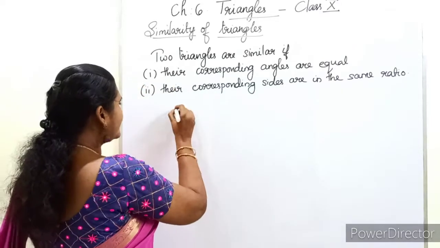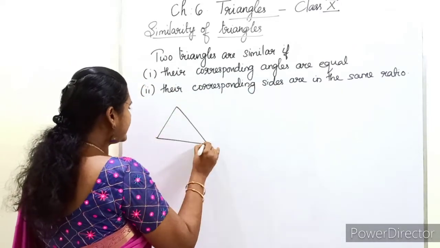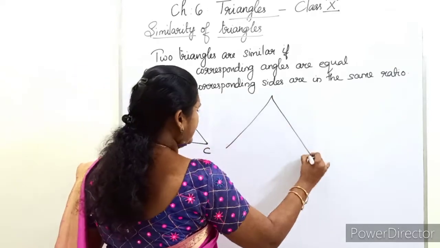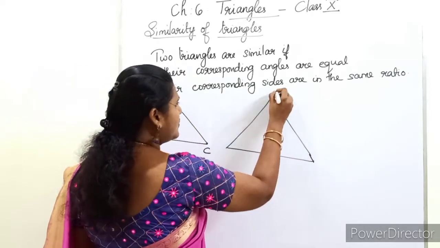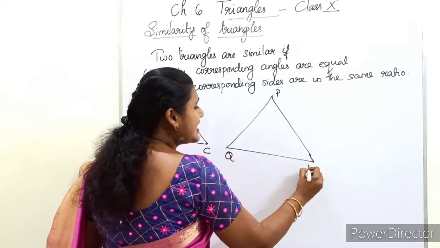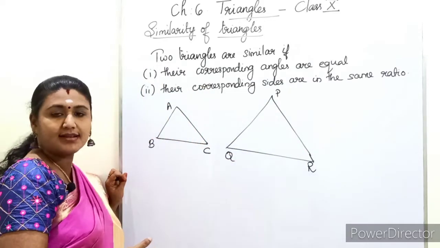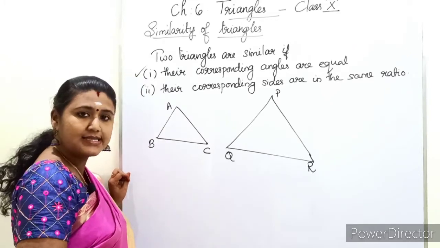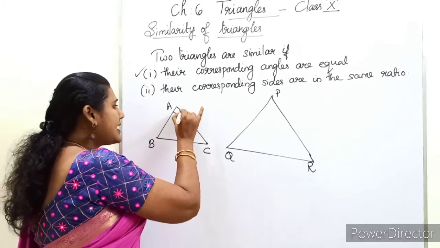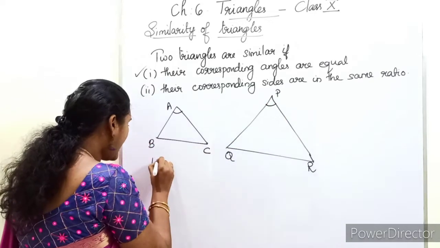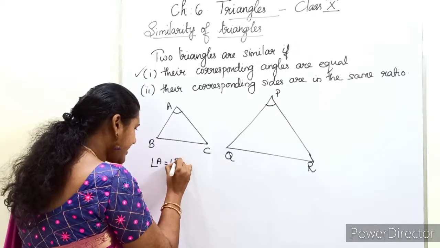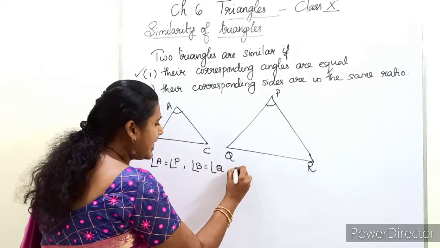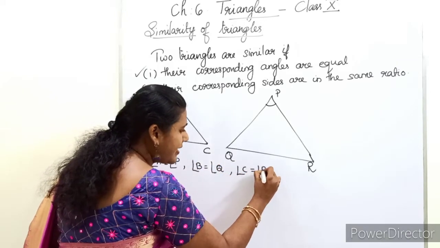For example, suppose we have a triangle ABC and another triangle PQR. When can we say these two triangles are similar? The first condition is their corresponding angles are equal. So angle A and angle P are equal, angle B and angle Q are equal, and angle C and angle R are equal.